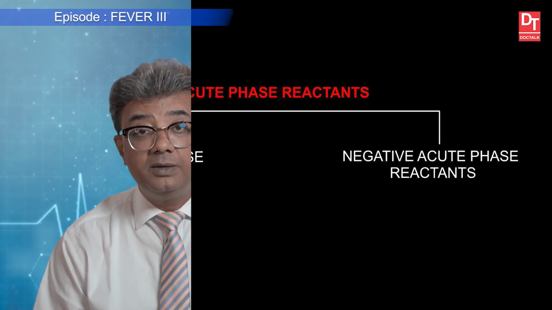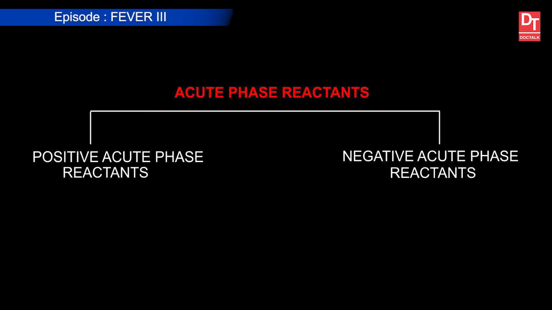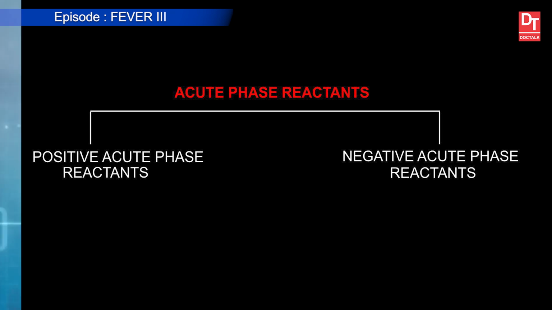Acute phase reactants are of immense value in analyzing fever. There are two types of acute phase reactants: positive acute phase reactants and negative acute phase reactants. What are positive acute phase reactants?